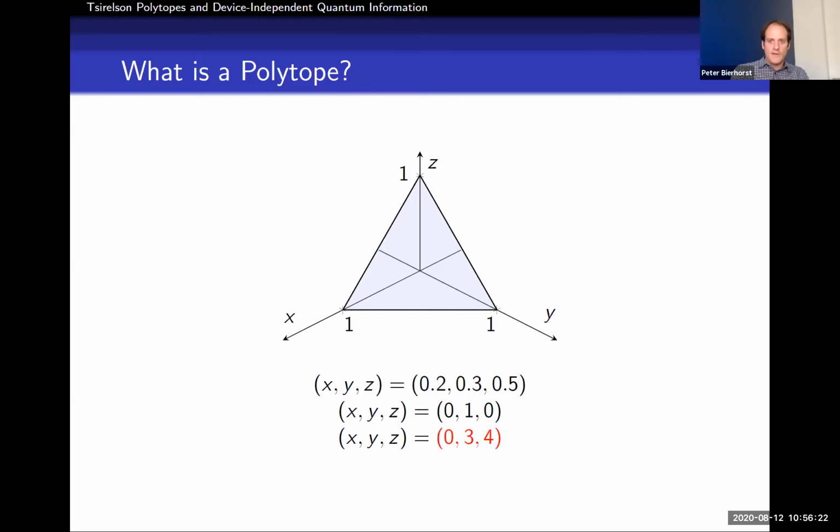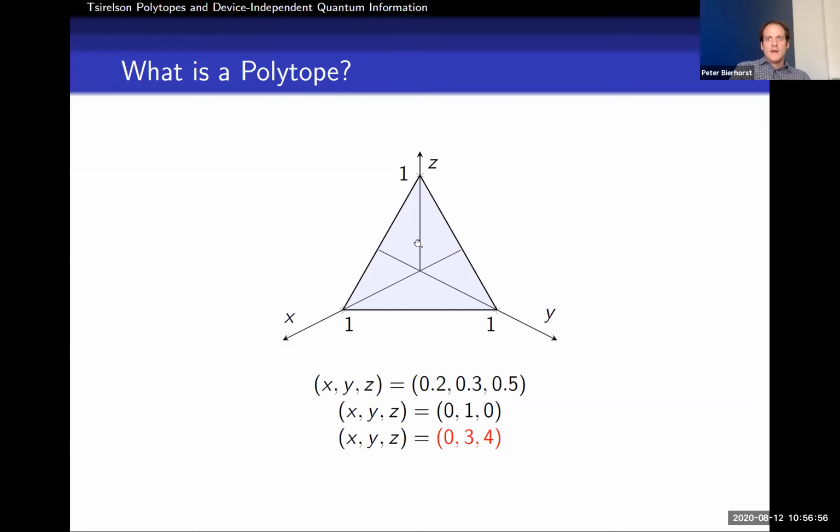Now, the last thing I want to say about this is that I've just given all the valid probability distributions. Anything that's a valid probability distribution over 3 outcomes is somewhere on this triangle. But not every valid probability distribution is going to be quantum. For instance, if we had some 3-level system and we performed a 3-level projective measurement on it, let's suppose that system were in a mixed state.